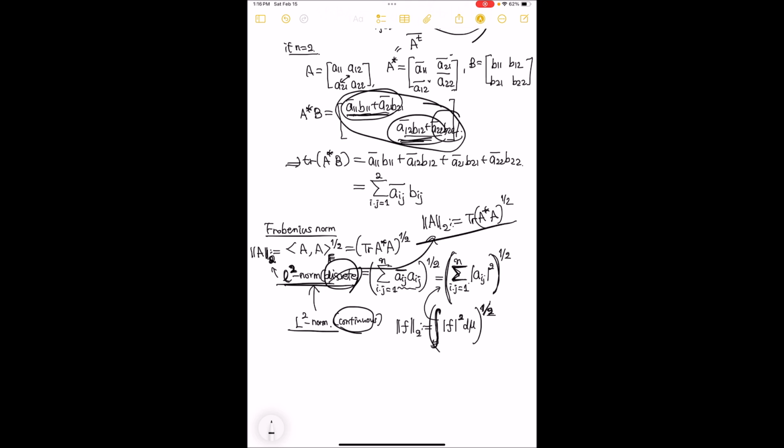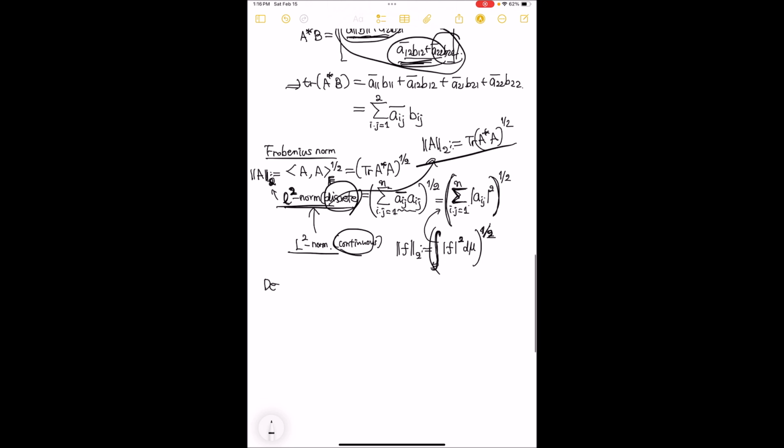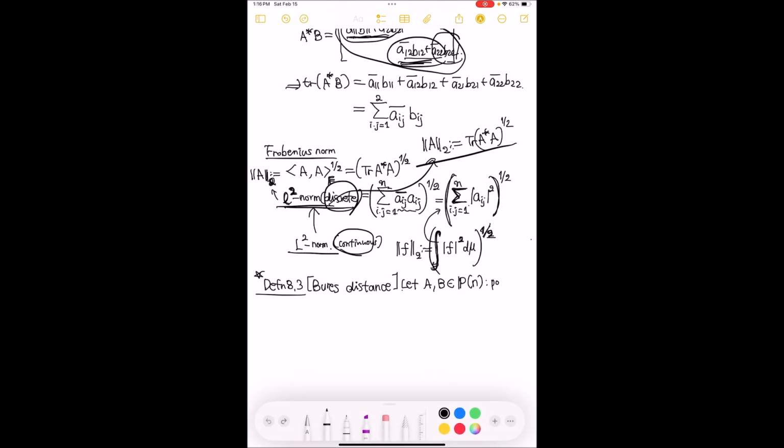Okay, then based on this idea, we can define the Bures distance, our main topic. Let A be in Pn, where Pn means the collection of positive semi-definite (PSD) matrices.